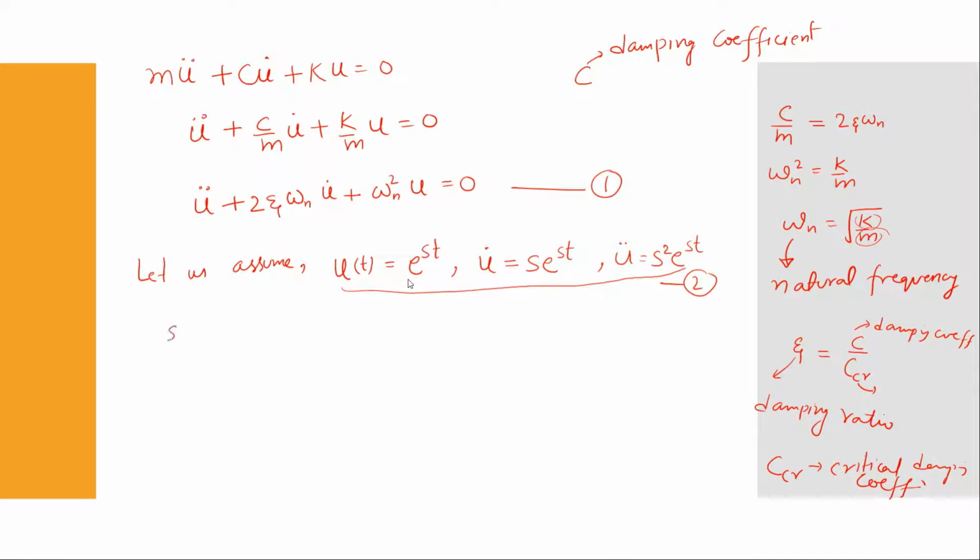So now we will substitute equation 2 in equation 1. So what we will get: u double dot, so s square e to the power st, plus 2 xi omega n s into e to the power st, plus omega n square e to the power st is equal to 0.